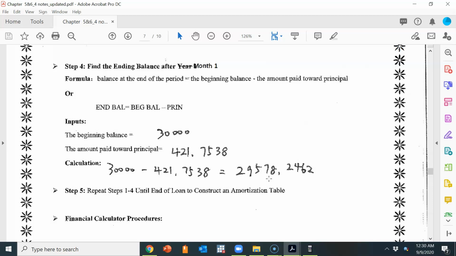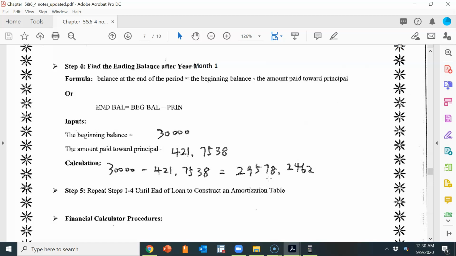Then we use the beginning balance of the second month multiplied by the interest rate to get the interest payment in the second month. Then we use the total payment each month minus the interest payment in the second month, so we have the principal payment in the second month.